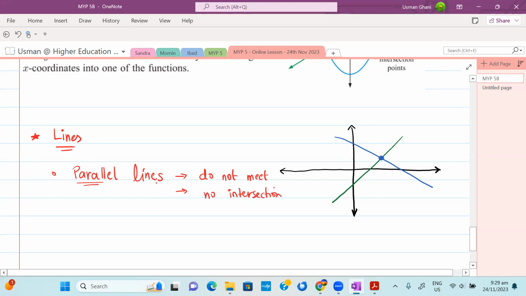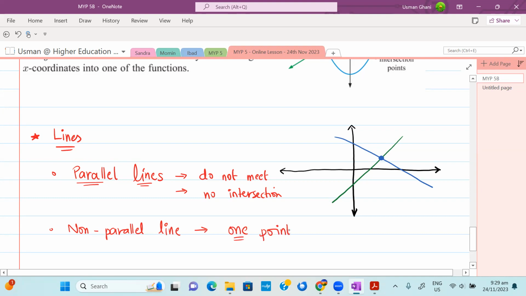Whereas if we have non-parallel lines, then obviously they will meet as shown in the diagram. Okay, they will generally have one point of intersection.